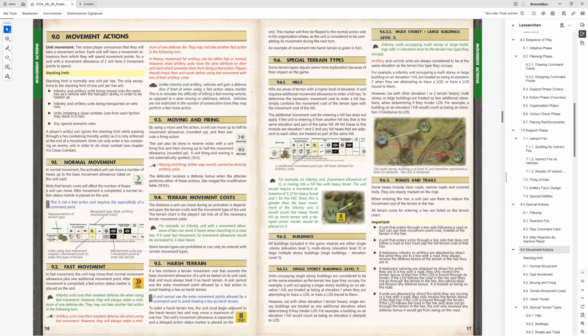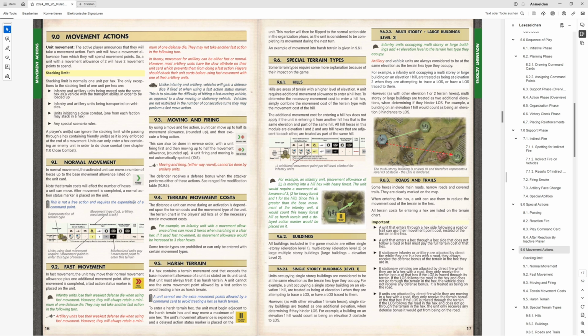They're running over the terrain. Same with artillery, if they are allowed to do a fast action, which most artillery units are not, they can earn 1 more movement point, but they have a disadvantage in defending.